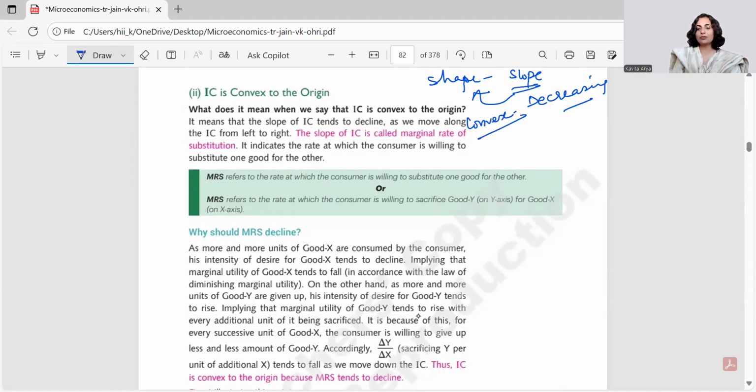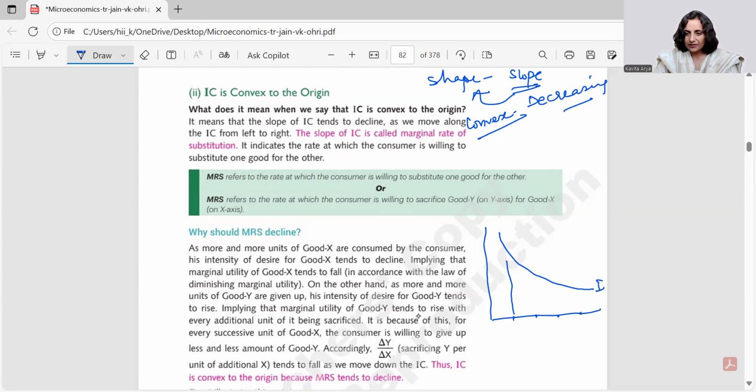And this has already been told, and let me show it once again to you, that if I'm just increasing marginally, right? See, IC looks like this. Try and understand. And apologies in advance for the wavy lines. What does this convex shape give you?